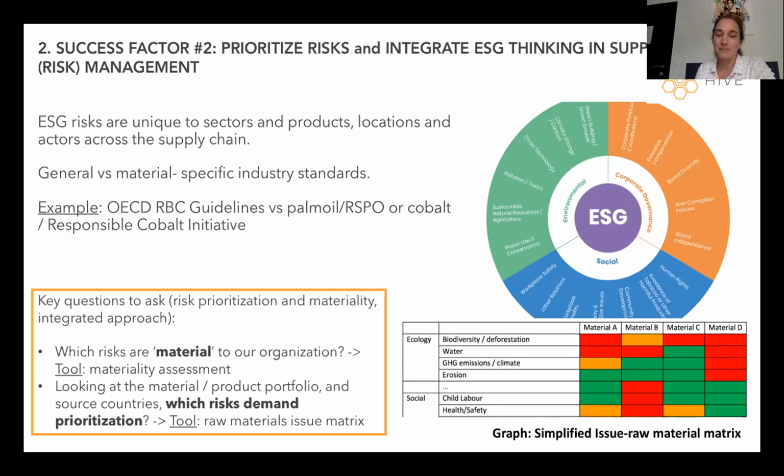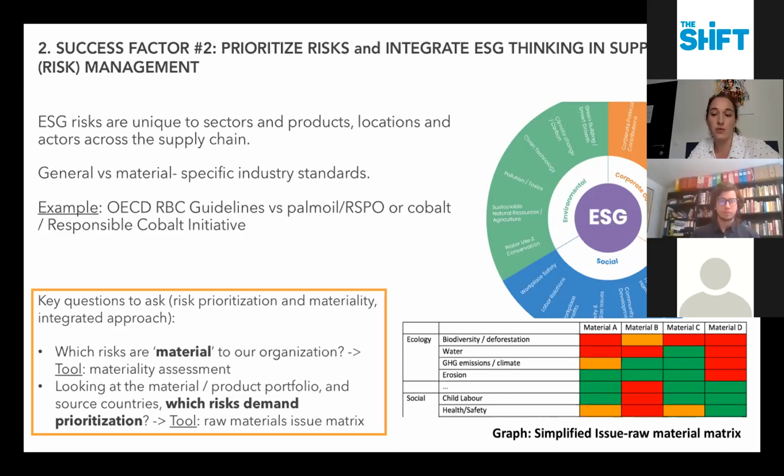But at the same time, it's also a guideline, and in the end, as a company, you have to make your own decision in that sense. And to prioritize risks, it's also useful to use different types of tools that were already shown, and they can also reflect different types of issues for the different materials in your supply chain.